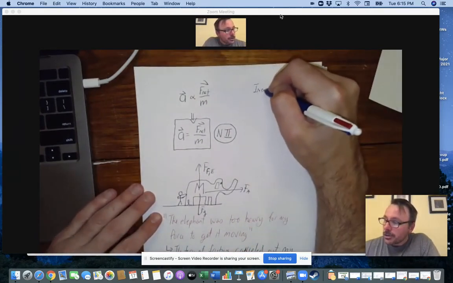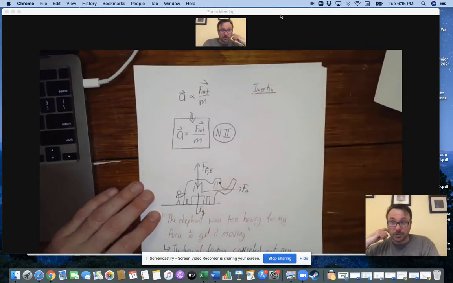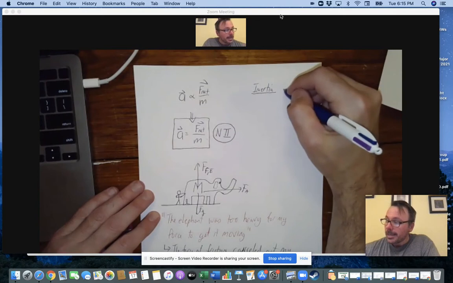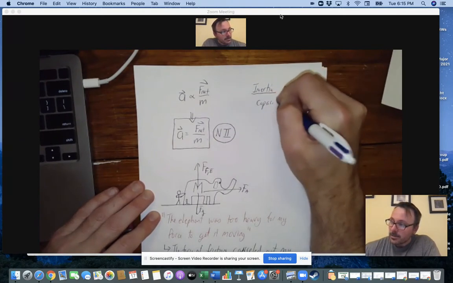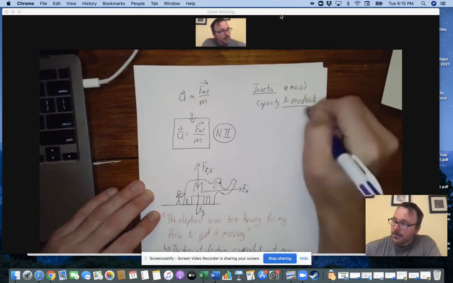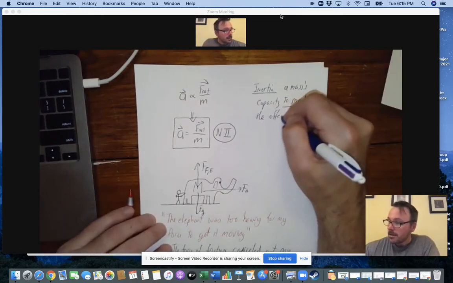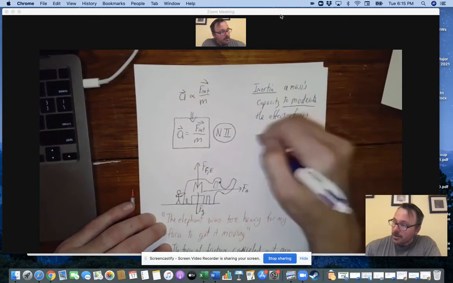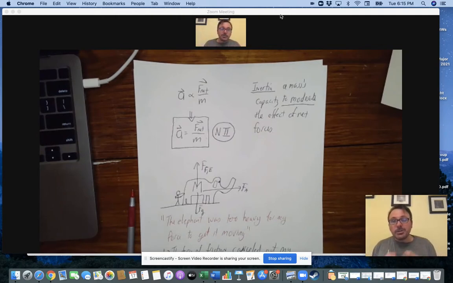Well, inertia, rather than saying something like a resistance to change in motion, which is what we kind of talked about, is a mass's capacity to, and the verb here is moderate, the effect of net forces. Okay? To moderate, to affect the size of, not to affect the existence of.